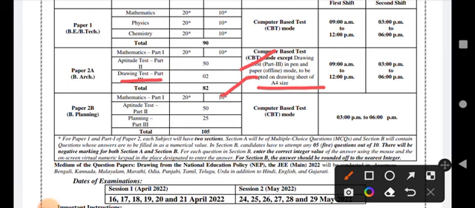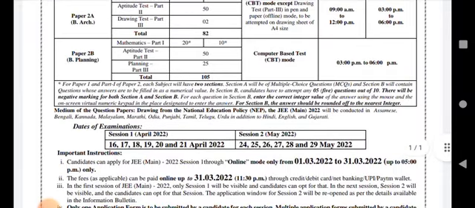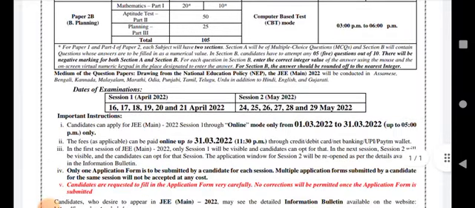Even though it is a computer-based test, the mathematics and aptitude will be computer-based, and the remaining will go for the drawing test.